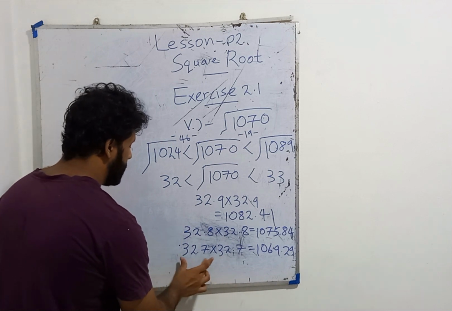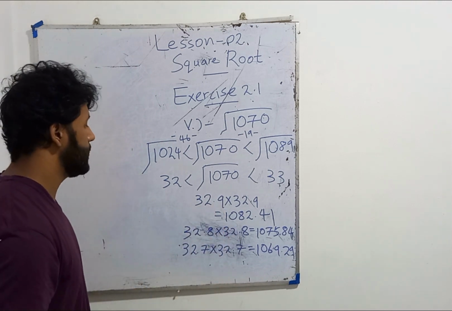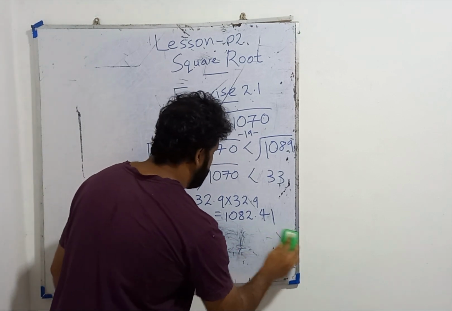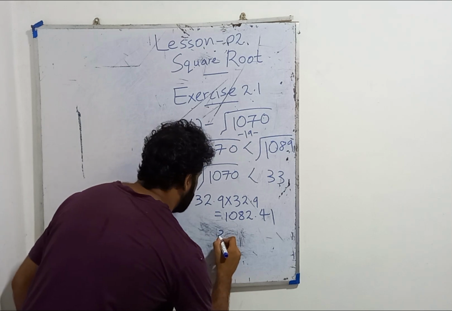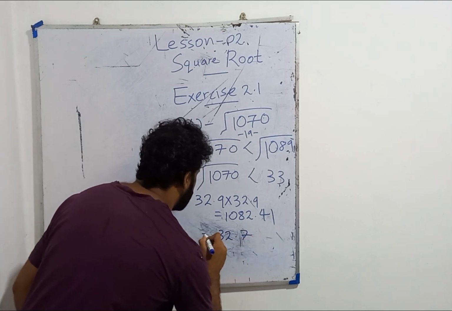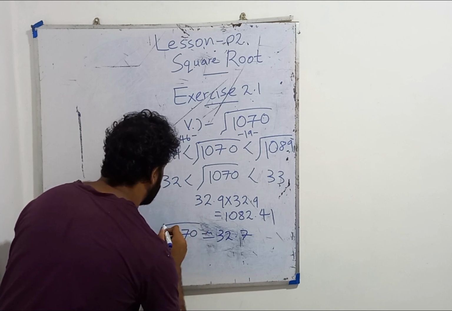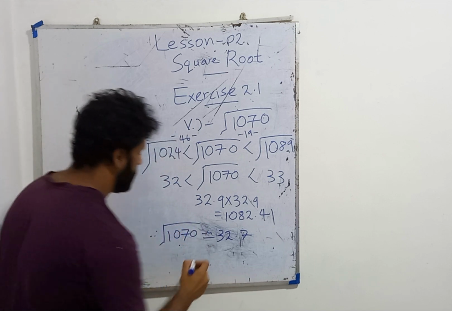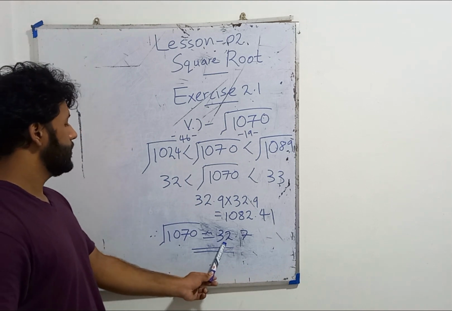Then you have to consider 32.7, and it's going to be the first approximation. Finally, the first approximation of the square root of 1070 is 32.7.